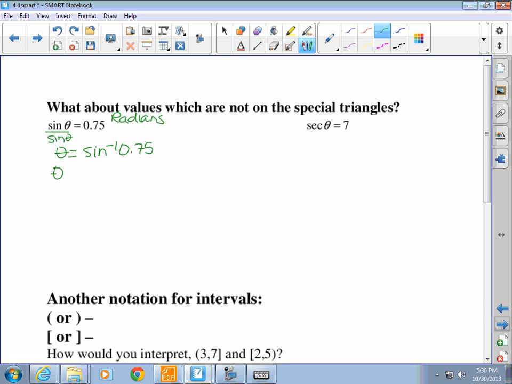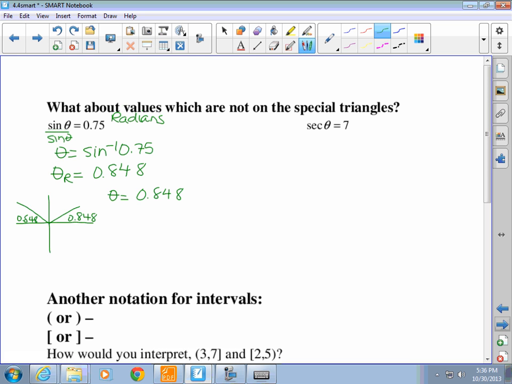So your reference angle that we're dealing with here is 0.848. So sine is positive. Sine is positive in quadrant 1 and in quadrant 2. So these would be my two reference angles. So my first one, my theta is just going to be 0.848.